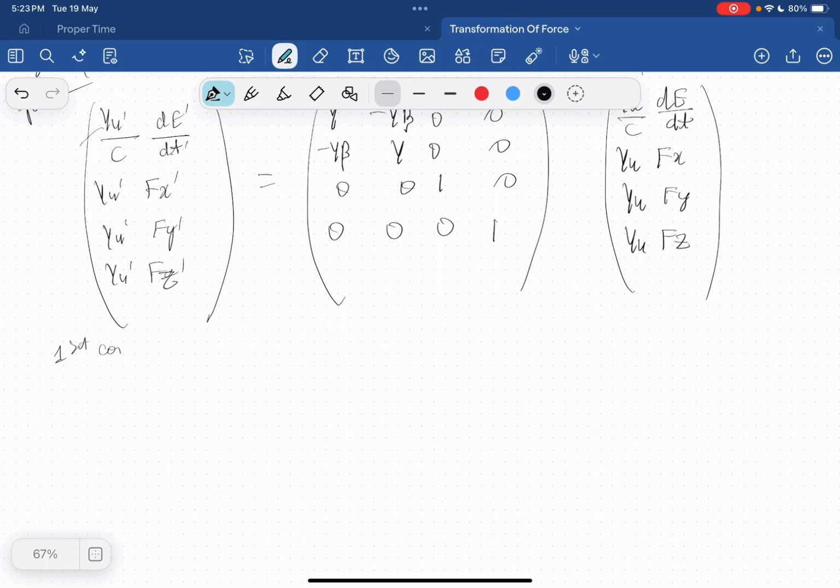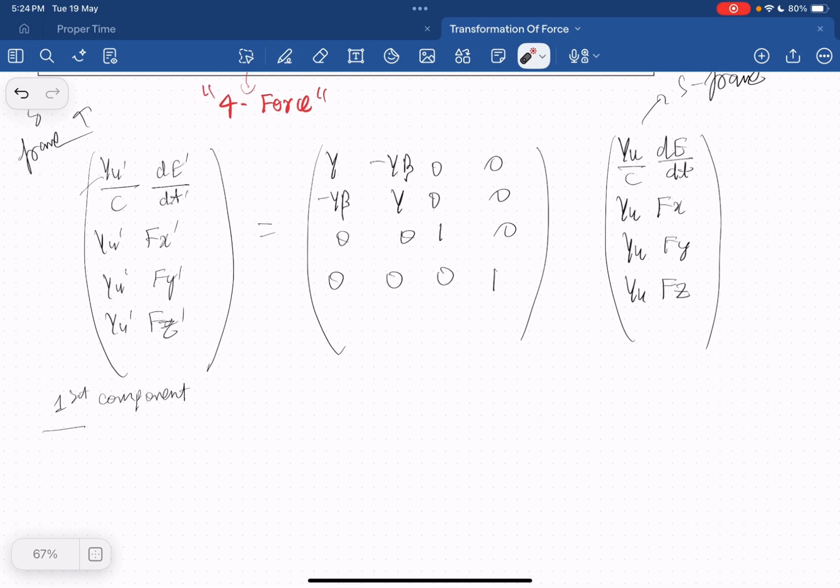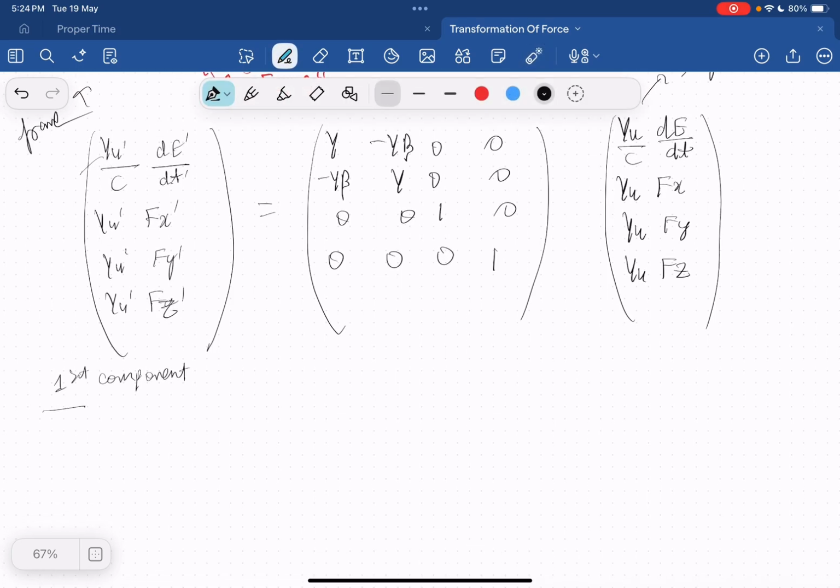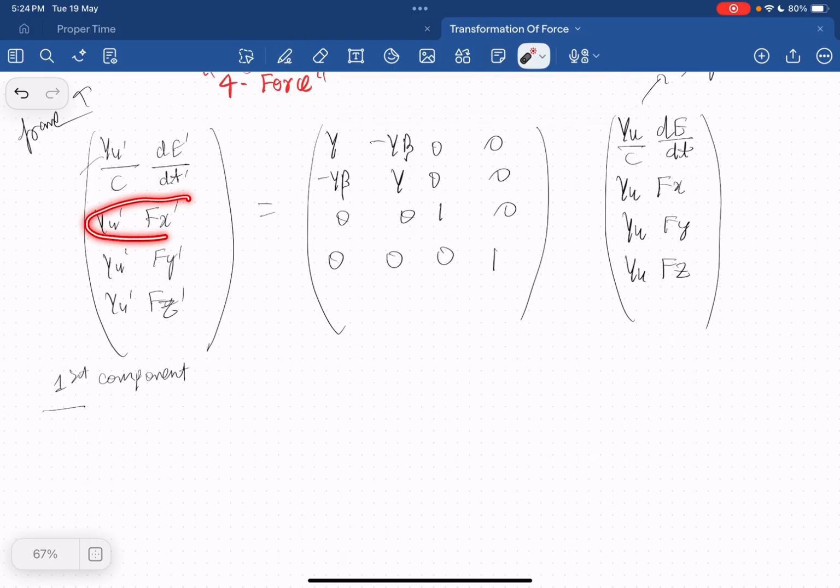So if we talk about the first component, that is this gamma u prime fx prime will be equal to this row multiplied by this whole column.